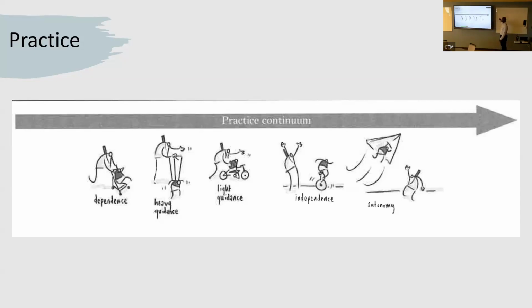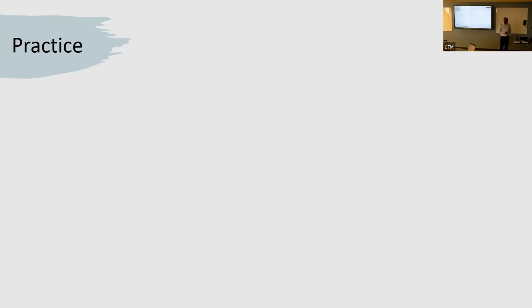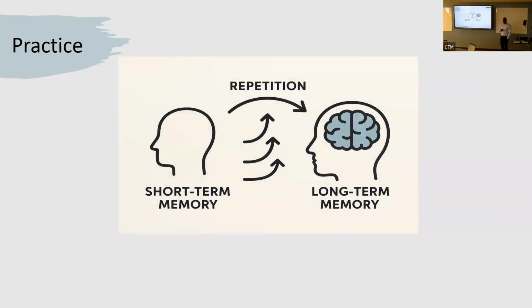So remember, we talked about explanation, joint practice, and application. So this is the continuum, right? From dependence to heavy guidance to light guidance, then they are independent because they have practiced it several times. Then they can go off themselves to apply whatever it is that we have taught them.